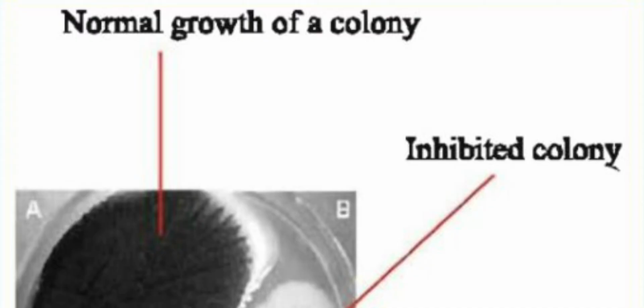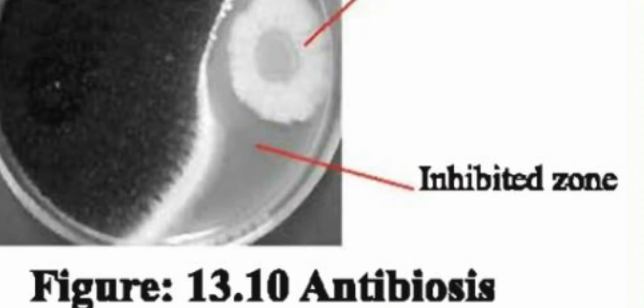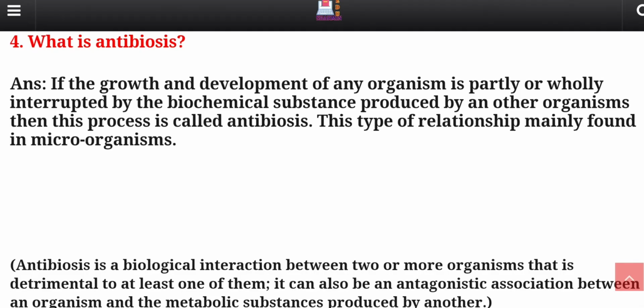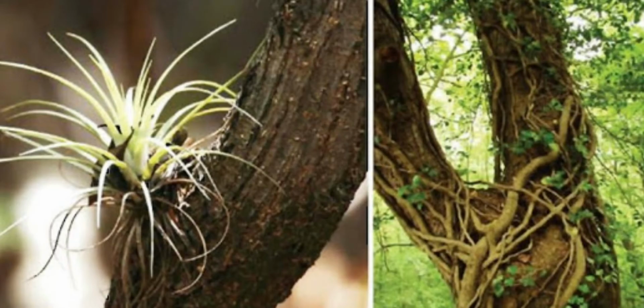And antibiosis is a biological interaction between two or more organisms that is detrimental to at least one of them. It can also be an antagonistic association between an organism and a metabolic substance produced by another one. Let's go to the next question.